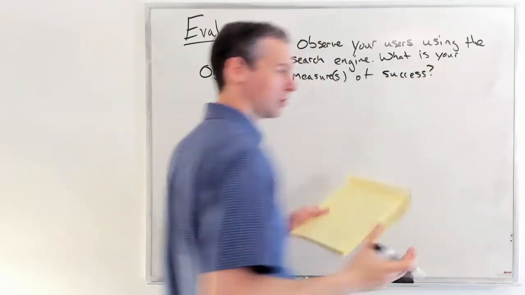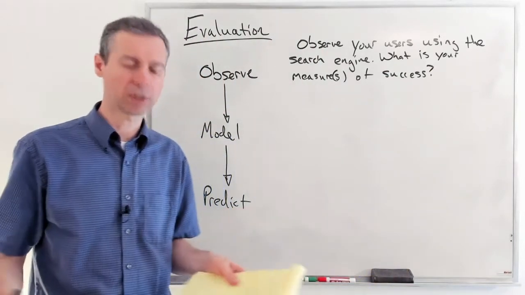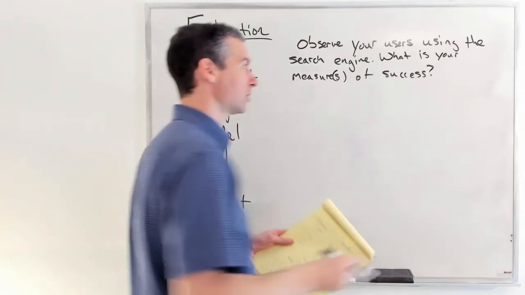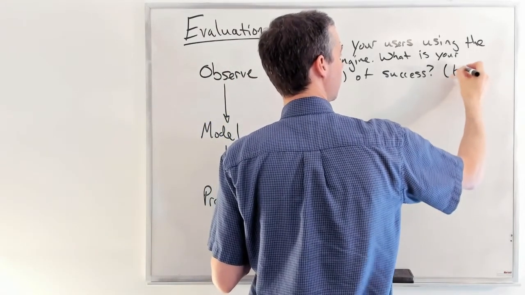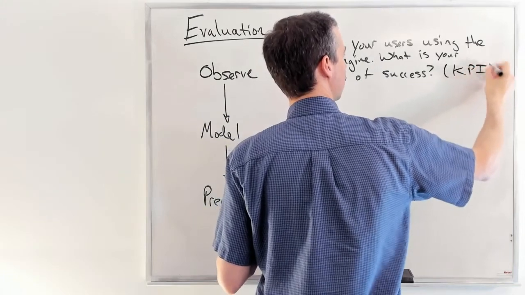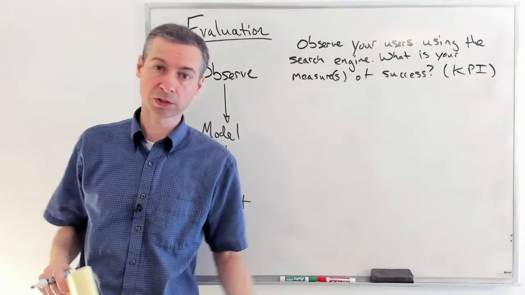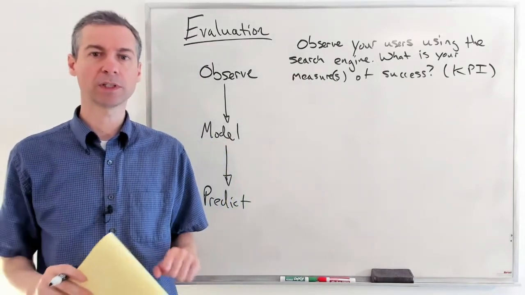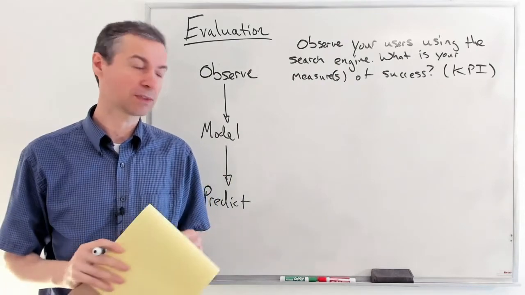So you'd be observing, and you should be able to think about what it is that you really want to know. If you want to talk in more business speak, this would be the KPI, the key performance indicator, or KPIs. So plural, you have more than one indicator that you're using to understand the performance of the system.